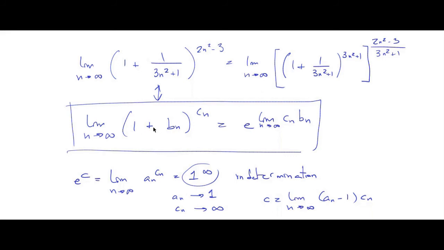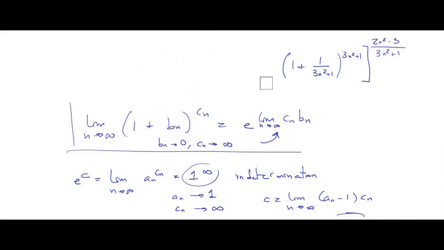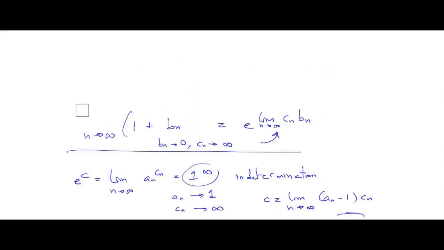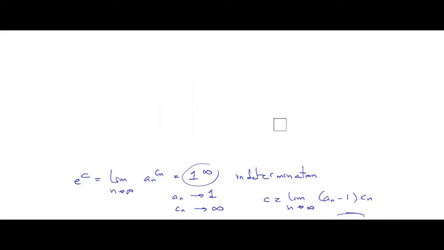Remember, you have 1 plus b sub n when b sub n is going to 0 and c sub n is going to infinity. You have e to the limit of this. And if you have a sub n going to 1 and c sub n going to infinity, then you have e to the c, where c is given by this. These two things are equivalent. Okay, so let's apply this to one other example.